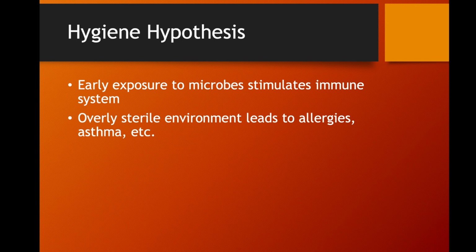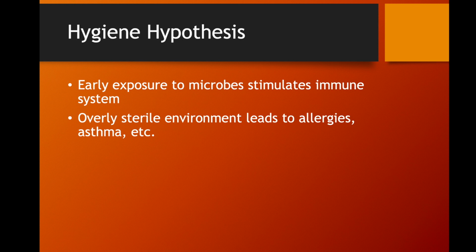And so there is an aberrant regulation, right? There's an aberrant response in those individuals that are not exposed to environmental organisms early on in life, so that by the time they reach that pivotal age where everything is sort of set in stone, not just the microbiota, but really how the immune system is going to function for the rest of your life, if they haven't had that early training, then they're going to have a significant consequence to their immune regulation.